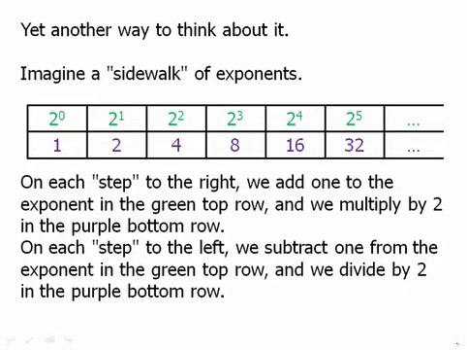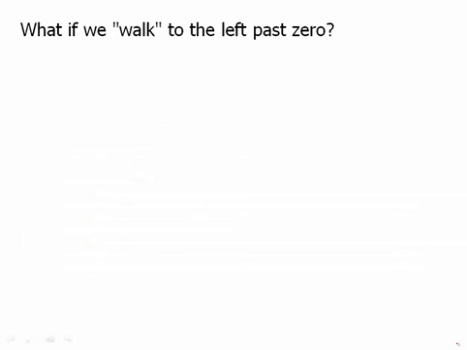Each step to the left, we subtract 1 from the exponent, and we divide by 2 in the bottom row. So if we start at 2 to the 5th and 32, as we start taking steps to the left, we're subtracting 1 from the exponent, and we're dividing the purple number in the bottom by 2. What would happen if we walk to the left of 0?